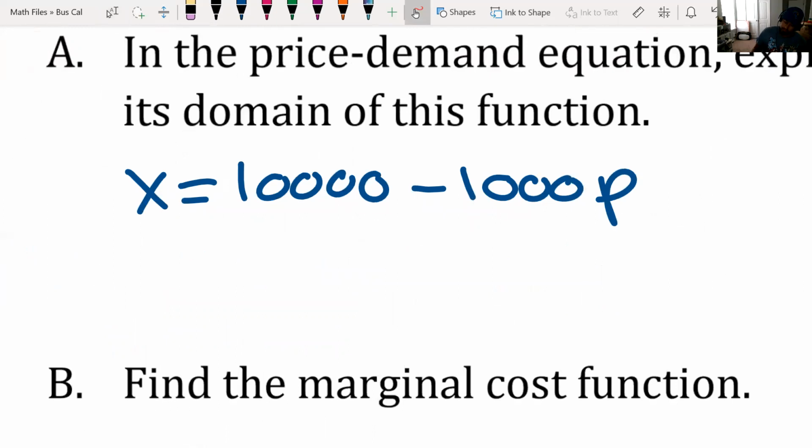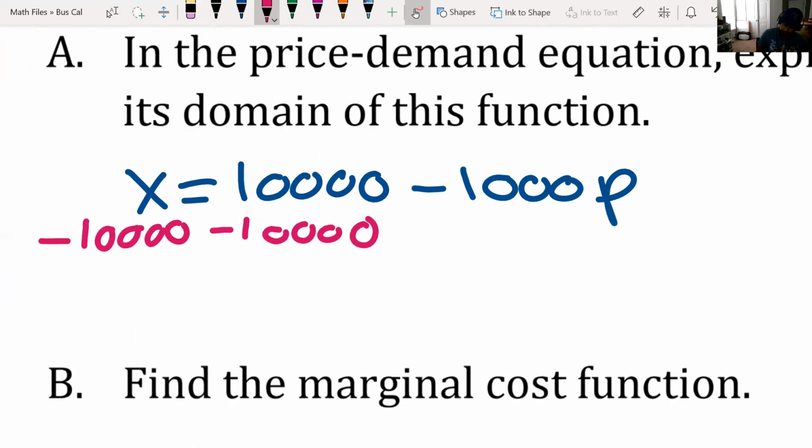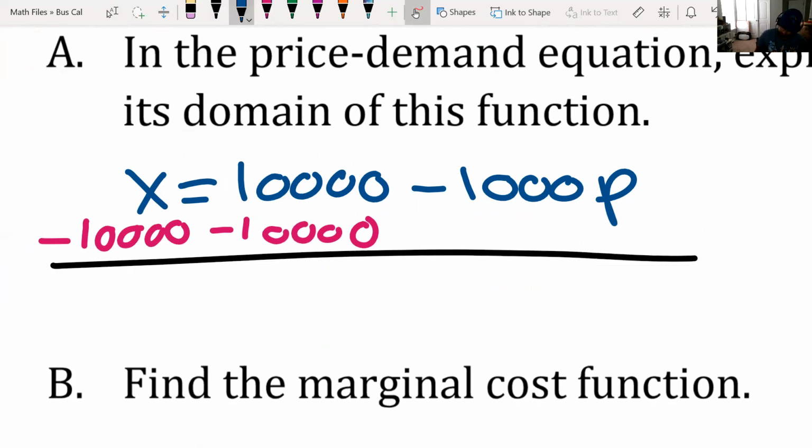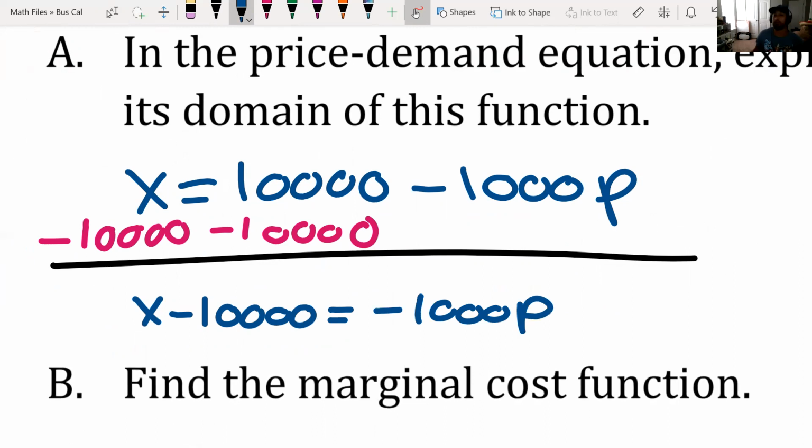So the first thing to do is move that 10,000 over. Minus 10,000, minus 10,000, and we get X minus 10,000 equal to negative 1,000P. And then next, divide everything by negative 1,000.